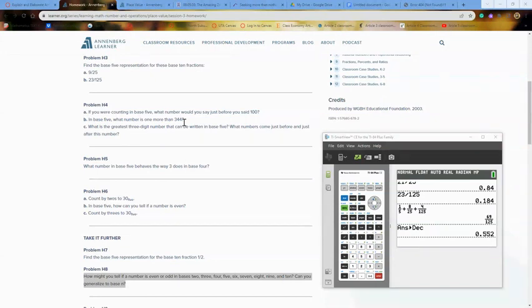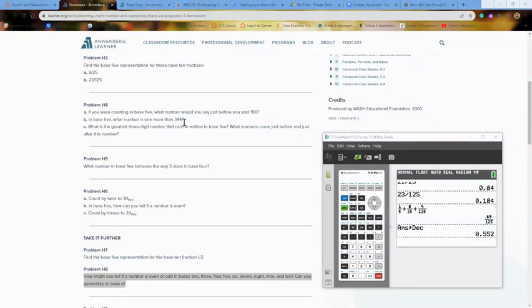Okay, question 6. Counting by 2s to 30 in base 5. So if you counted 2s to 30 in base 5, it would be 0, 2, 4, 10, 12, 14, 20, 22, 24, and then finally you would get to 30.